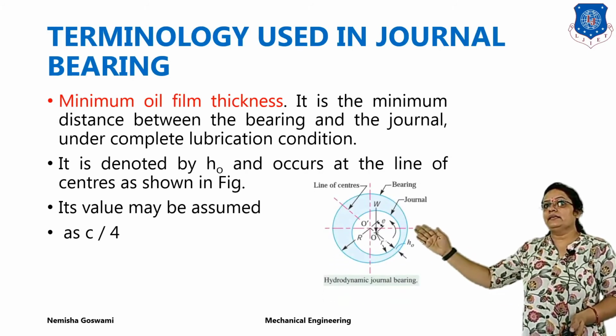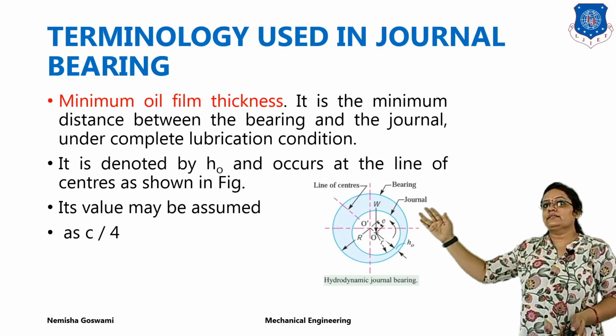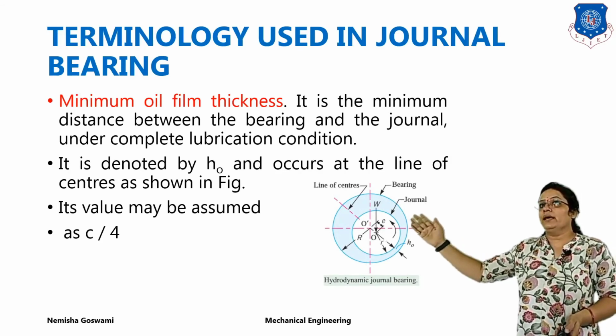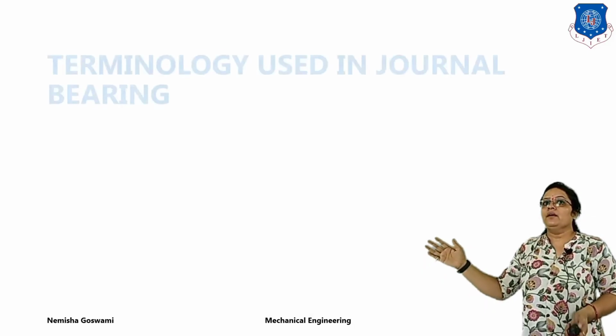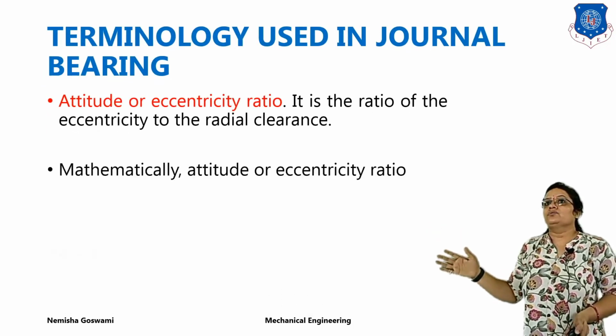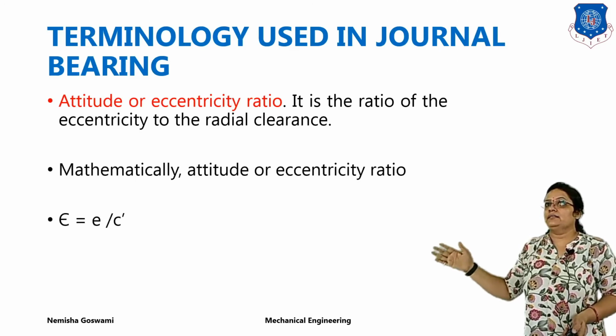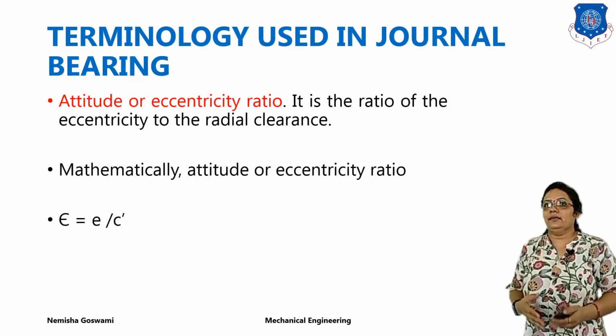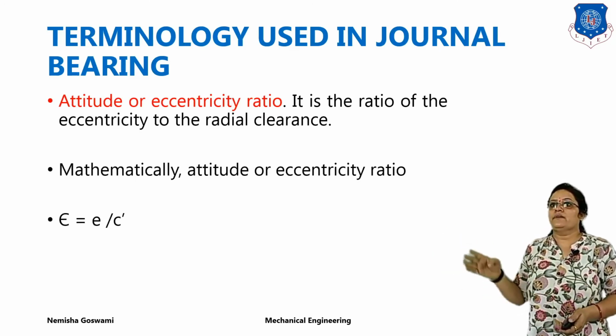The eccentricity is the radial distance between O dash and O. When we put all these values in, we get the attitude or eccentricity ratio. This is very important.